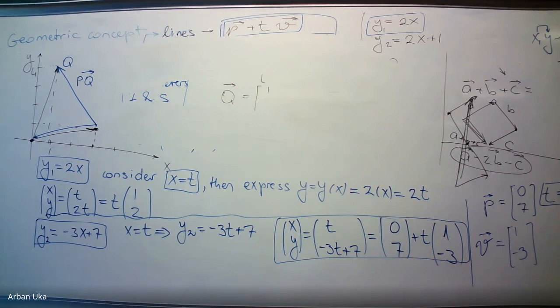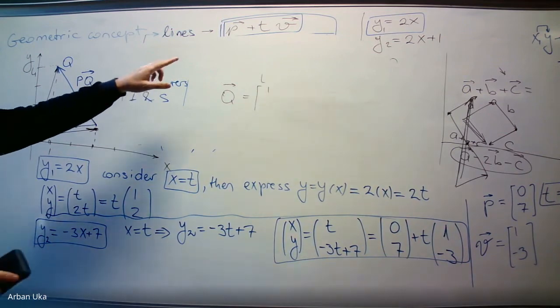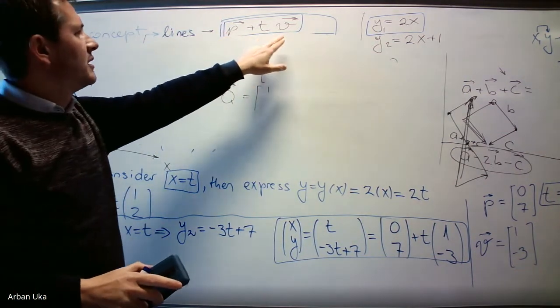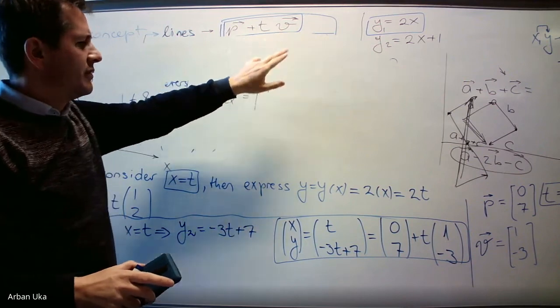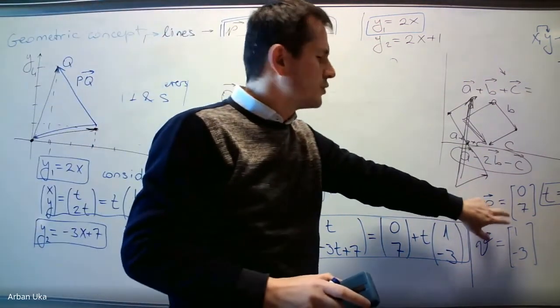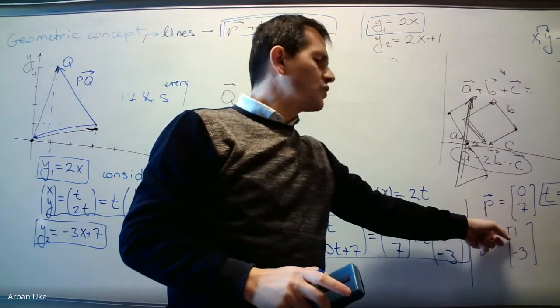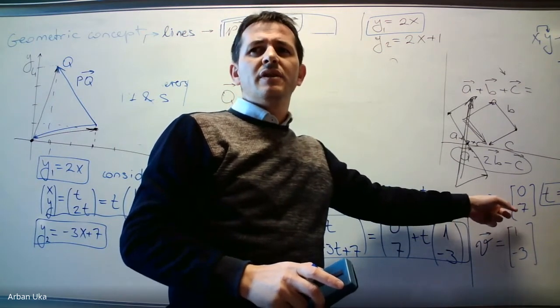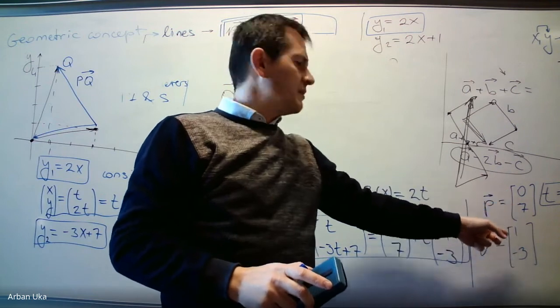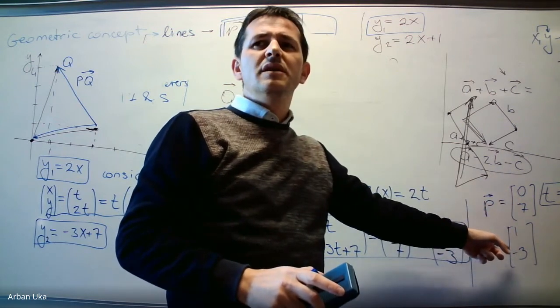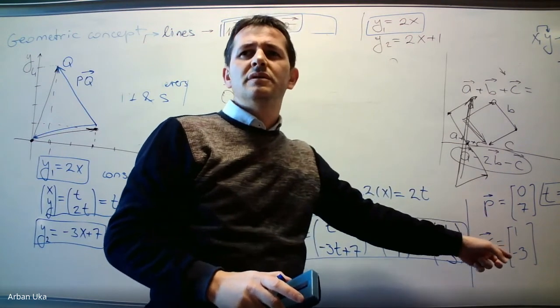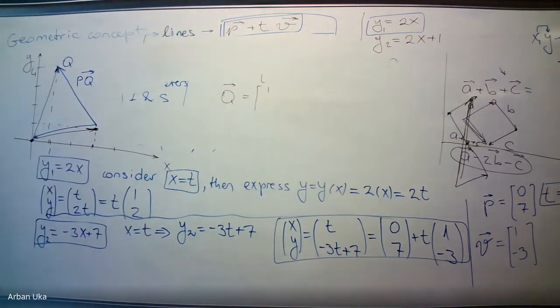P and V, these are two vectors. They are represented like a vector, but the V represents the slope.